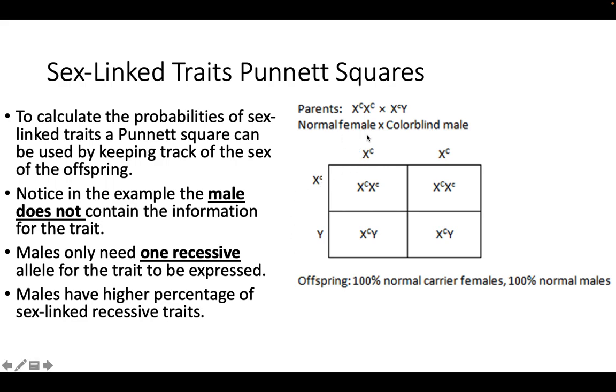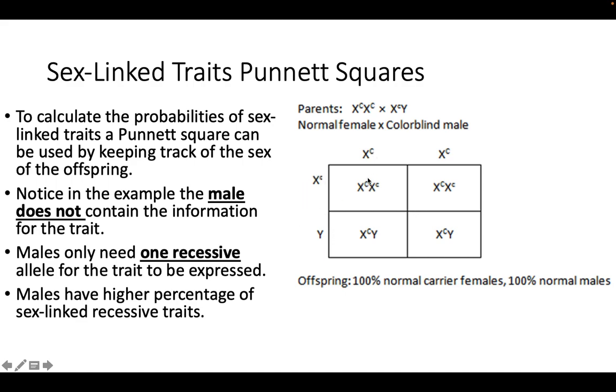If we look at this, if we have a normal female and a colorblind male, the capital C is the dominant, which means there isn't color blindness. And then the lowercase c represents the color blindness because we have the colorblind male here.